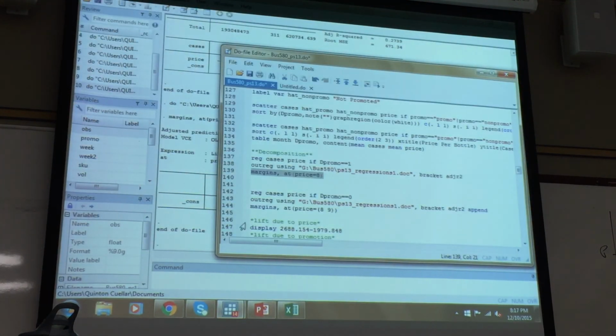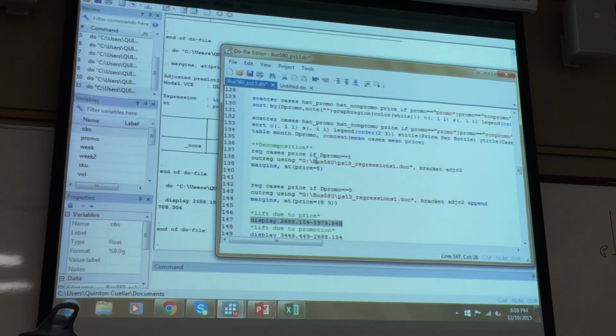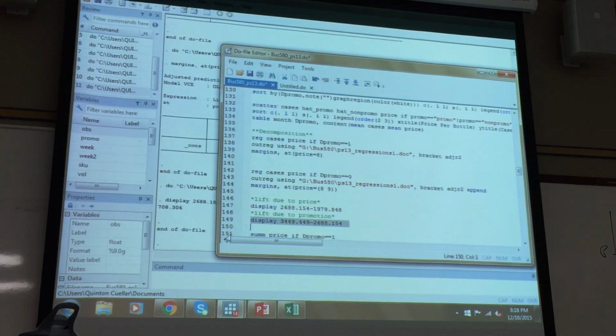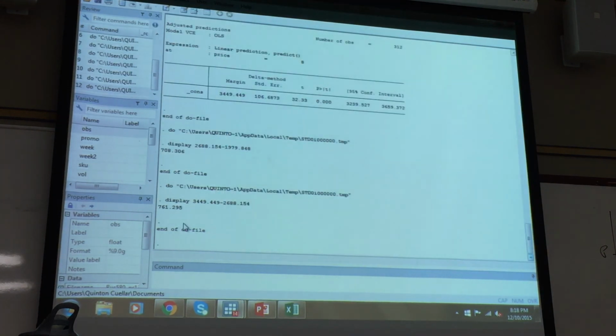And subtract. Display due to lift should be that same 708. Display due to promotion. And if we took the percentage change, we get those same percentages.